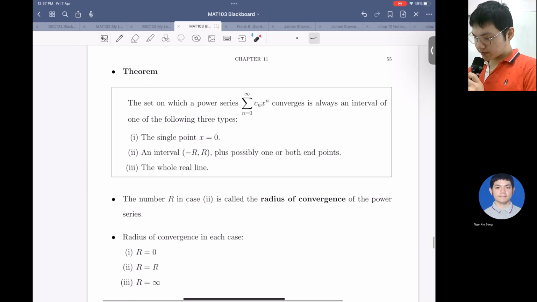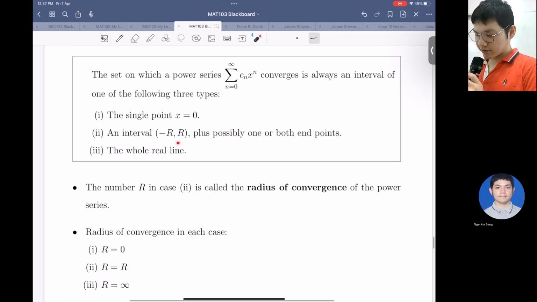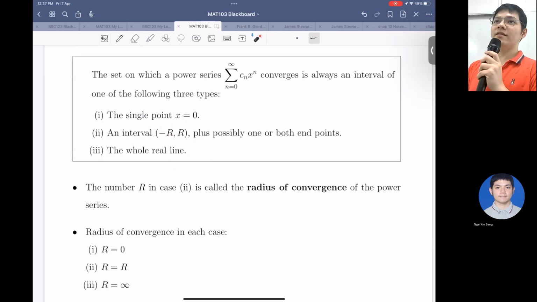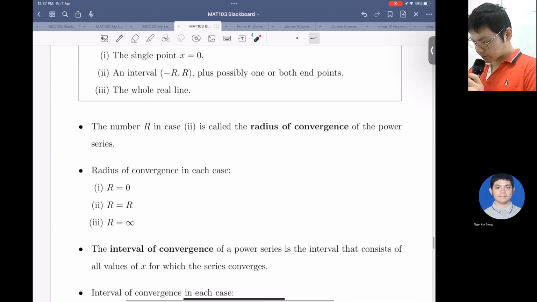And then where's the R? So the R is you divide the interval into half. Okay, you have minus R and R. So if it only converges at one point, then the radius is 0. If it converges on the whole real line, you divide infinity by 2, you still get infinity. So it's infinite in any case.